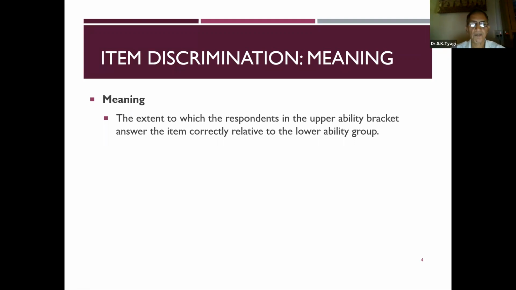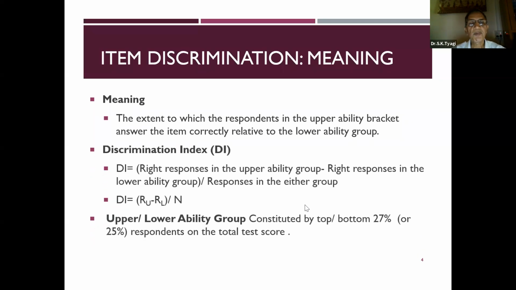See, we have an item, a question. If this question is answered correctly by the upper ability group to a greater extent than the lower ability group, then this item discriminates well. So it is simple.